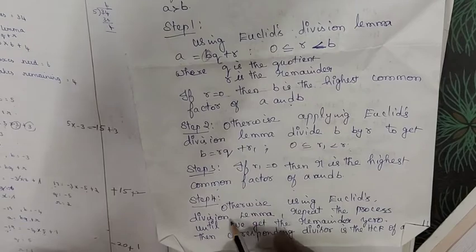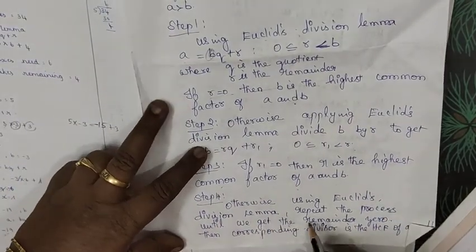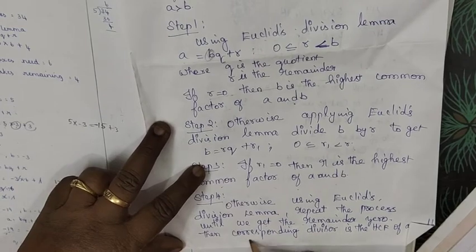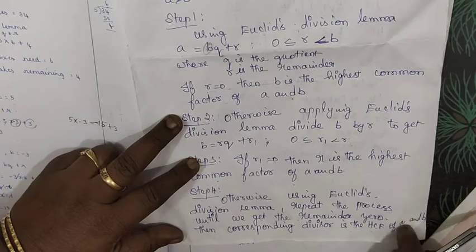Step 4: otherwise Euclid's division lemma should be repeated until we get the remainder 0. Then the corresponding divisor is the HCF of A and B.